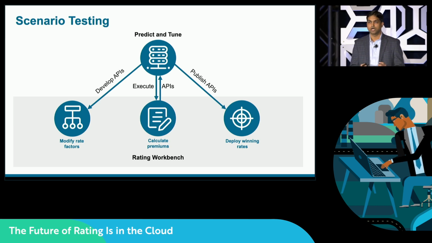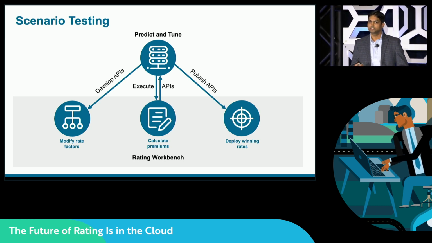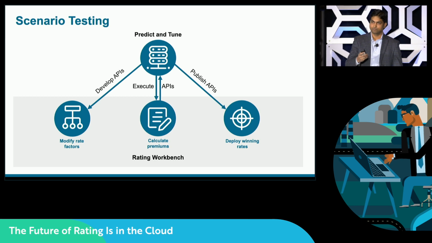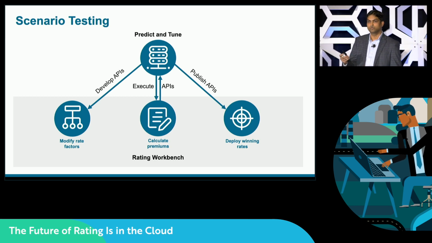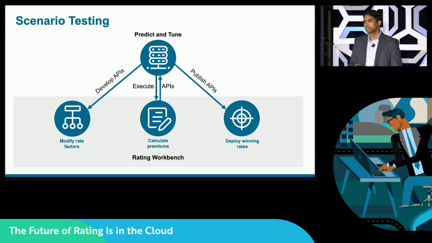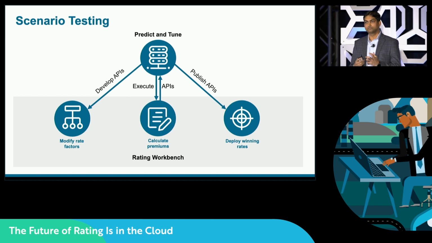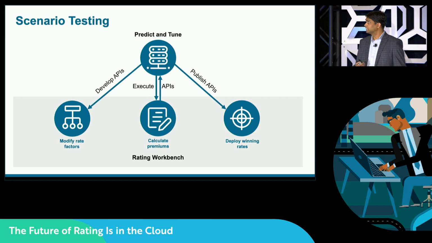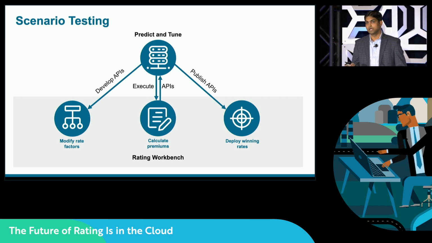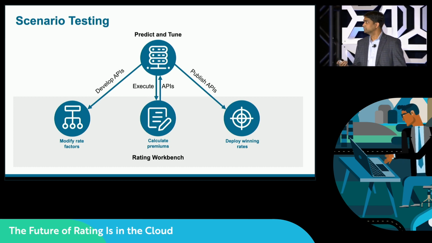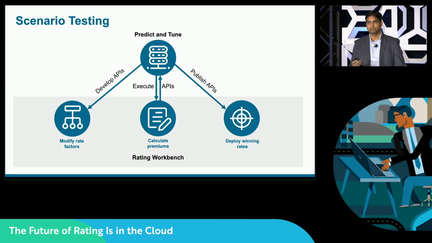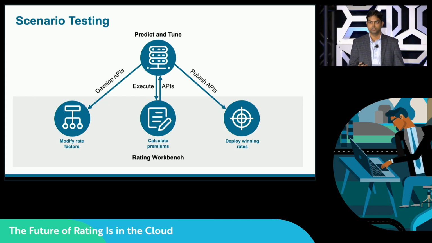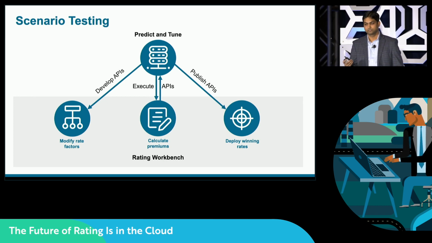These scenarios are suggestions of changes in a rate factor inside a table, or maybe tweaking your rate routine a little bit. In order to do all of those changes, again, instead of switching to the Rating Workbench, they can simply call the develop APIs, and these develop APIs will help them modify those rate factors or make the rate routine changes that they need inside the Rating Workbench.